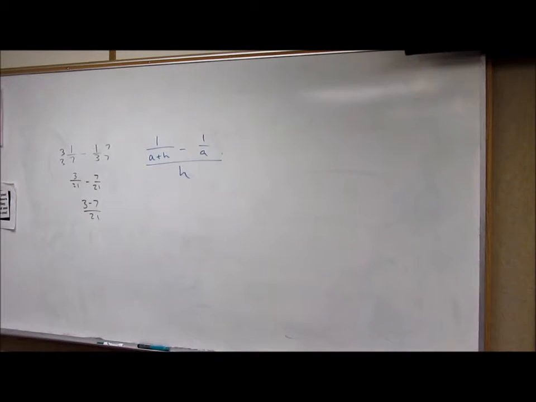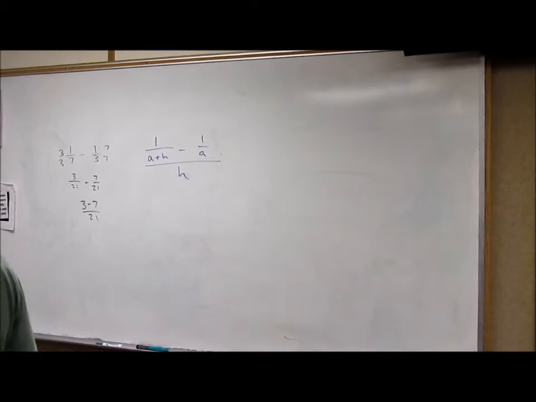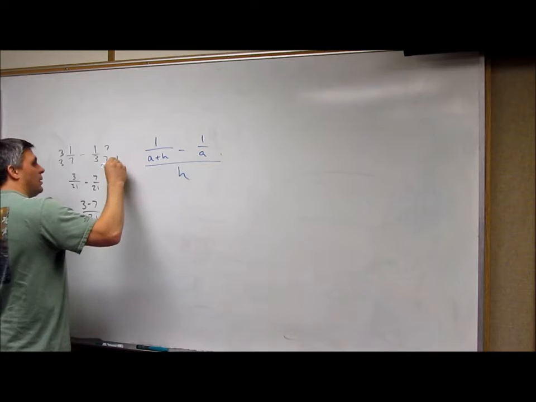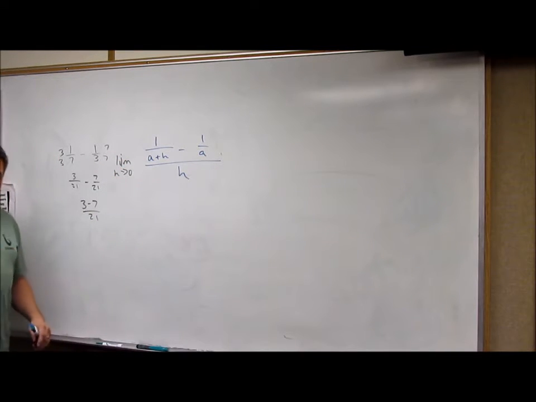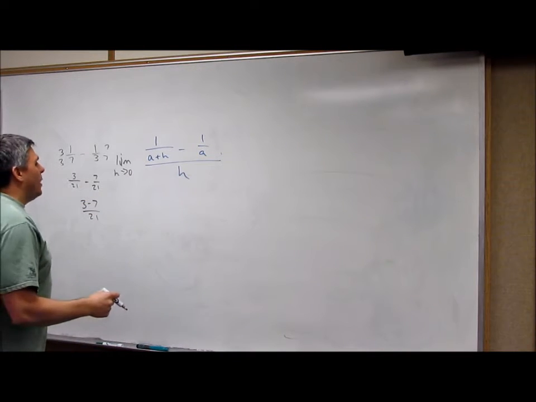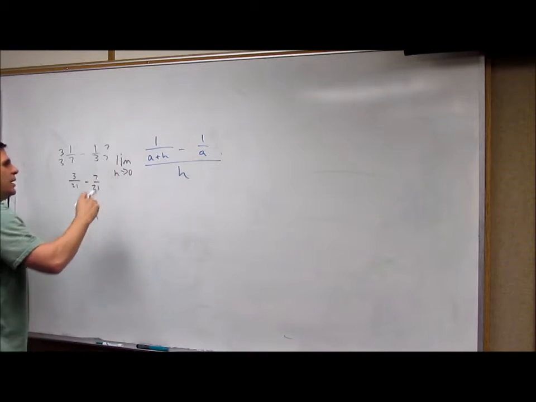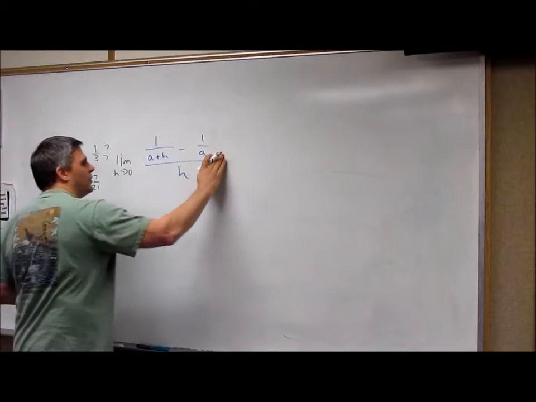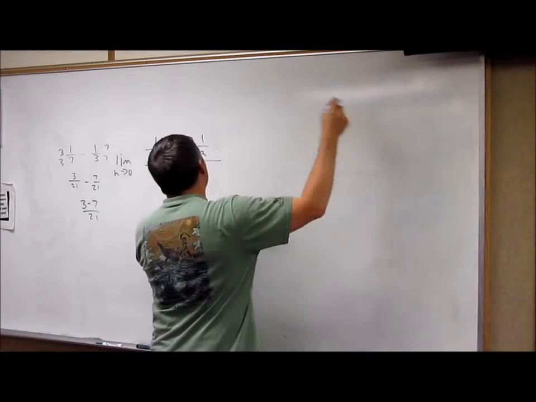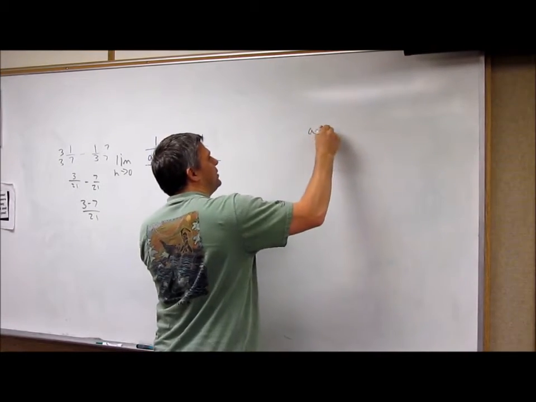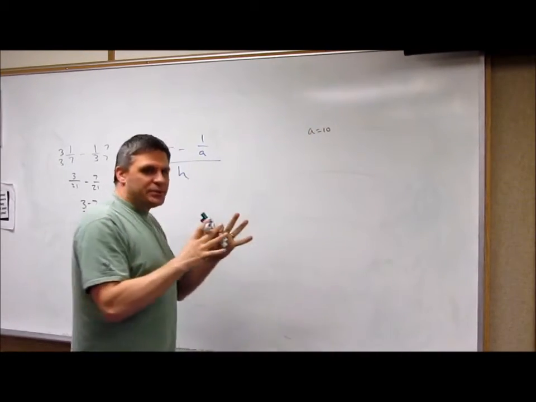Okay, so here's another limits problem where the limit as h goes to 0, because h is in the bottom. You can't have 0, right? So as we look at this function, we want to plug in values. Remember, take a value like a equals 10 and keep it at a equals 10.